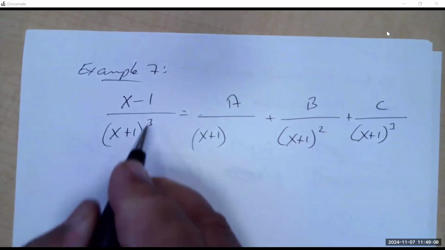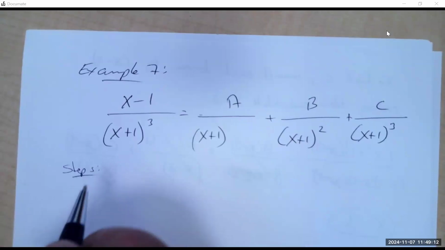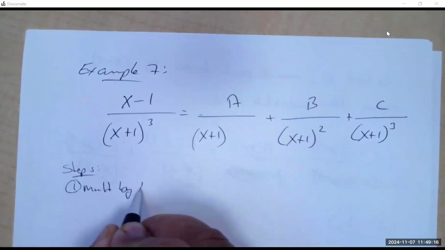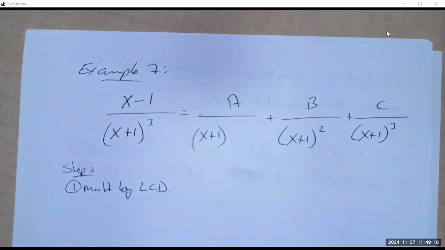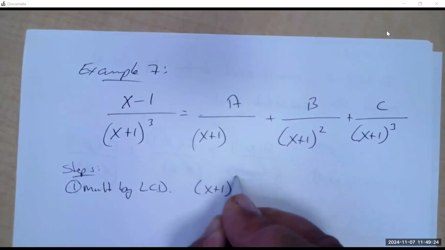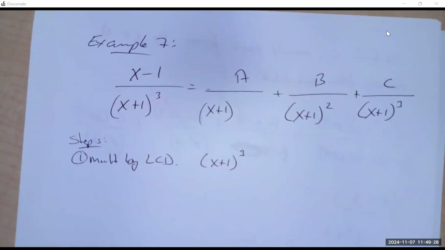Here's step one. Now, these are a little bit different because now the steps here, first, multiply by LCD, which is x plus 1 cubed, to each term. If I do that, what do I get?